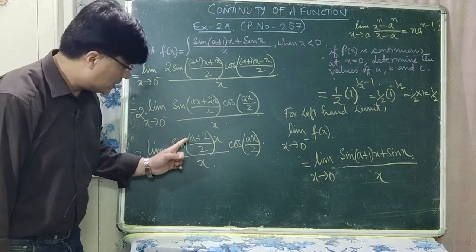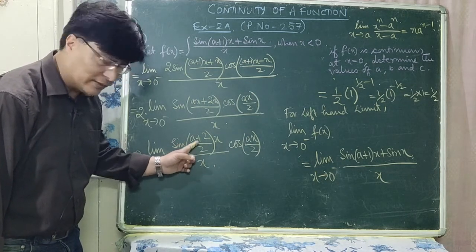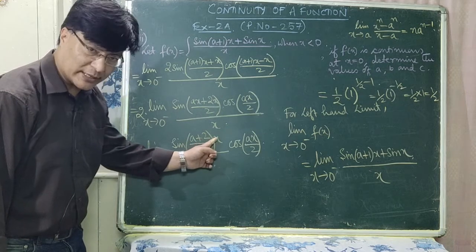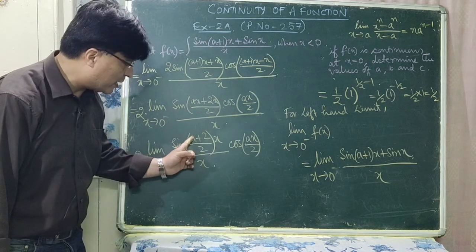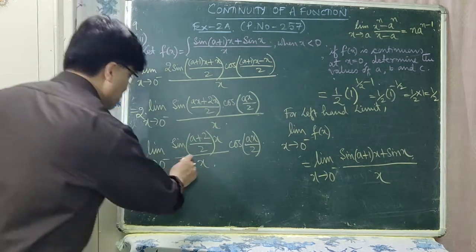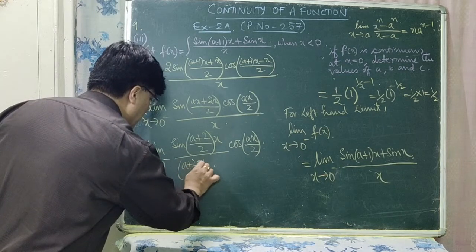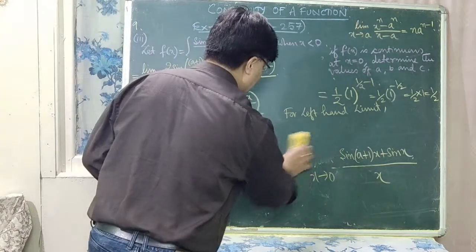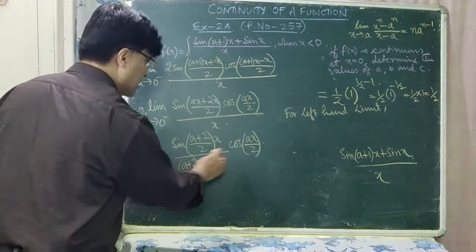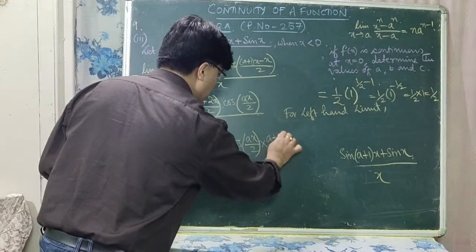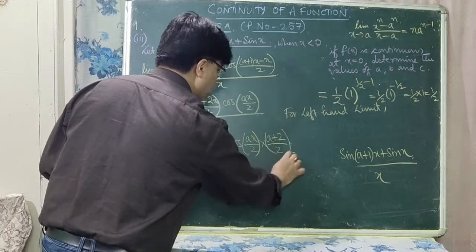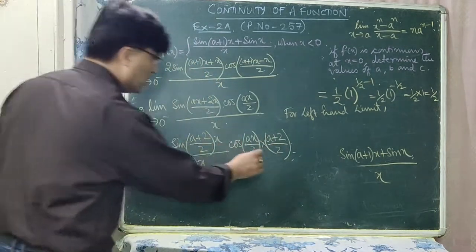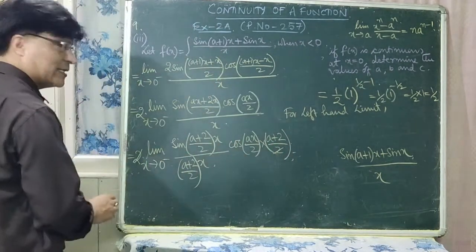Instead of sin x here, it is a plus 2 divided by 2 into x. So this x should be multiplied by a plus 2 by 2, but this should be cancelled. So how can you cancel it? So this a plus 2, it should be multiplied by a plus 2 by 2. Is that clear? So here you can cancel this 2 and 2 will be cancelled.